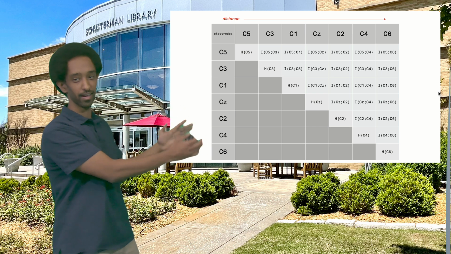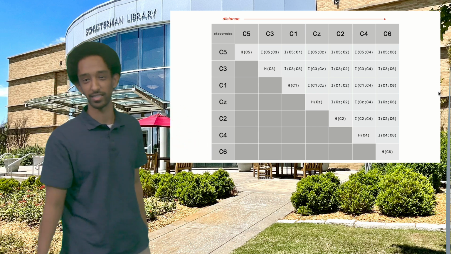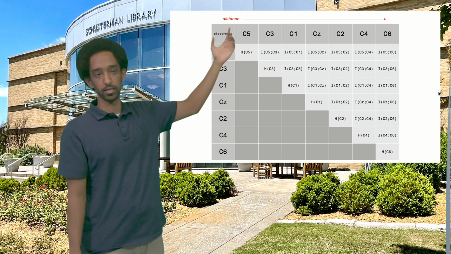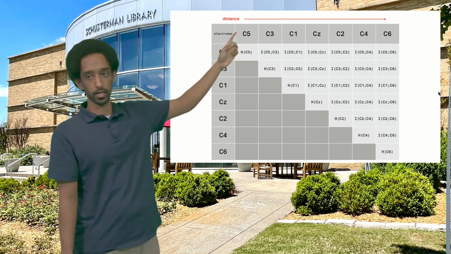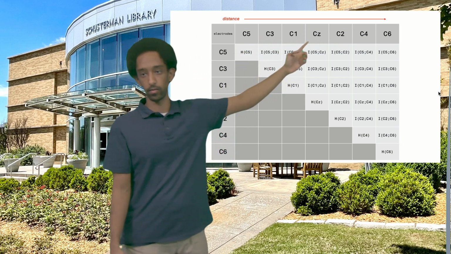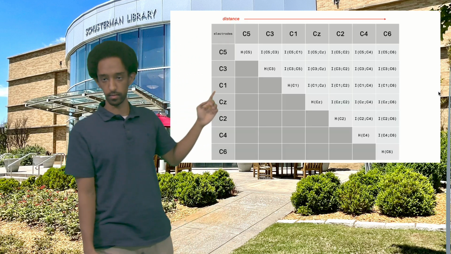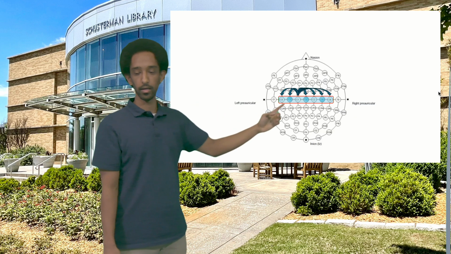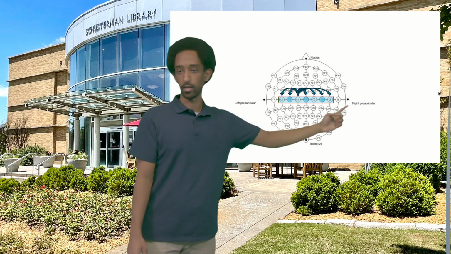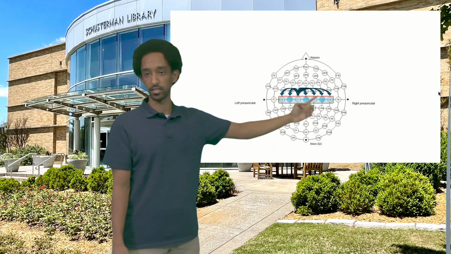This is going to be the defining graphic of this presentation. Essentially, how you can read this is, first, recognize that this list of electrodes here, C5, C3, C1, is the increase. It's basically x, like a distance axis.